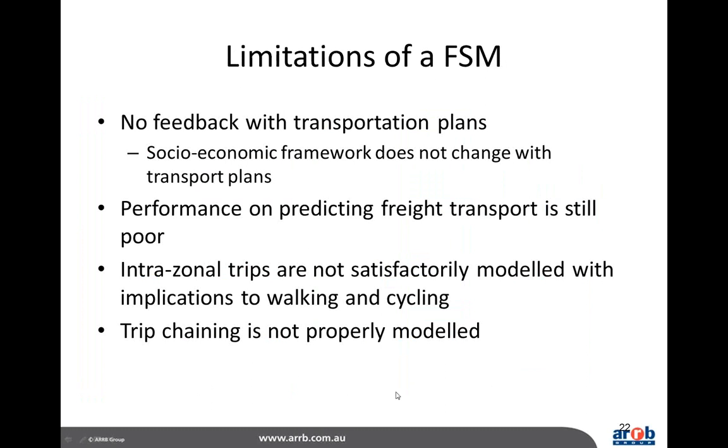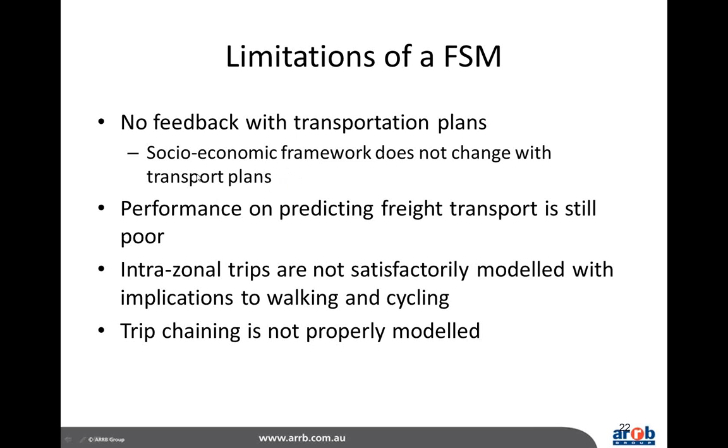Okay, now we go to some of the limitations of the four-step model. There are probably a number of them, but I'm going to list the major ones that come to mind. The first one is there's no feedback with transportation plans. That means that the population or the employment for a particular zone does not change with transport plans.